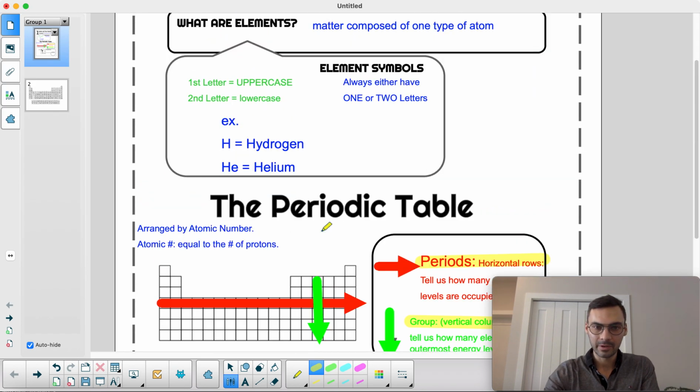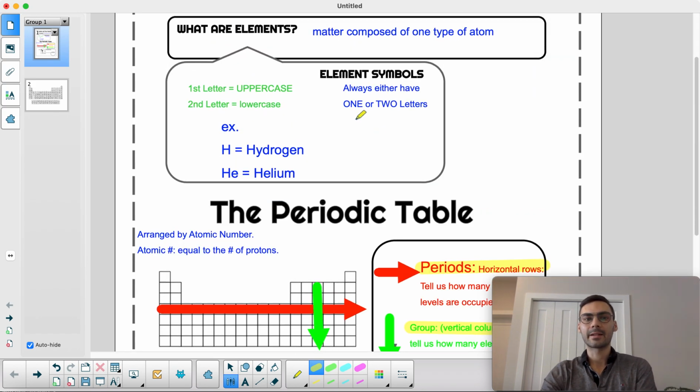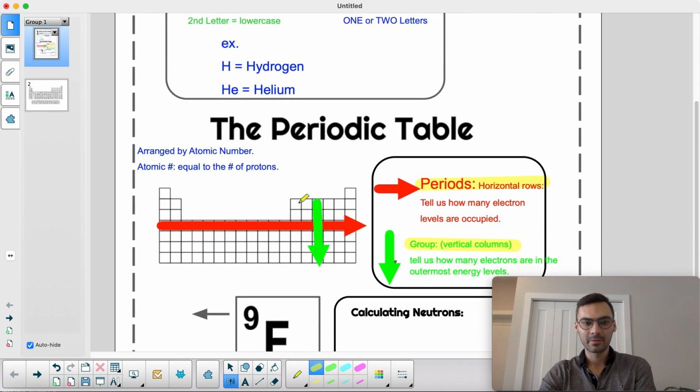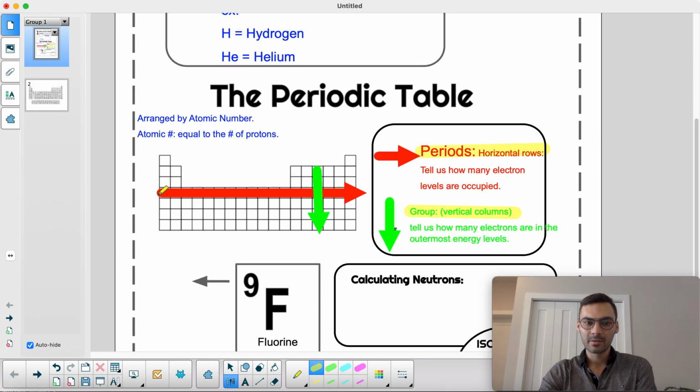So far what we've learned is that elements are labeled with either one or two letters and that the first one is always capitalized. We've learned that when we read across in rows on the periodic table, those are called periods.